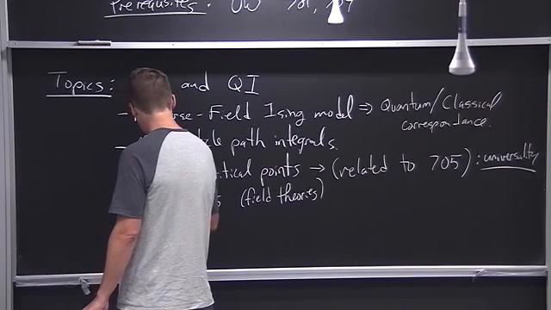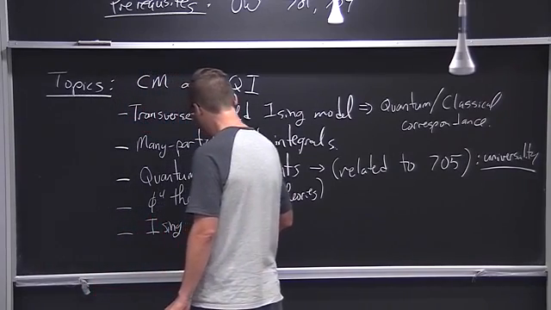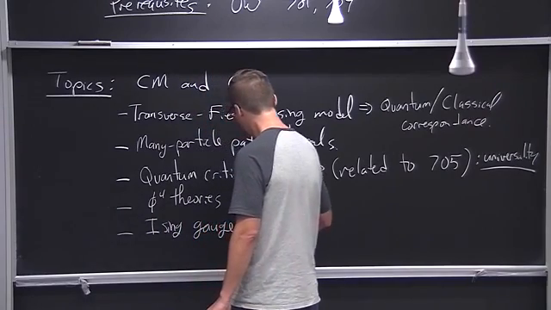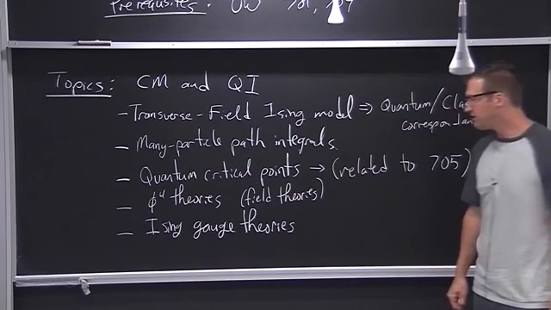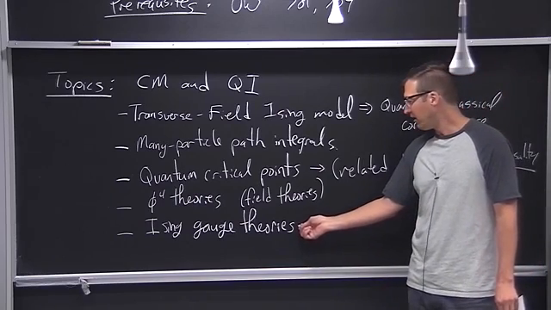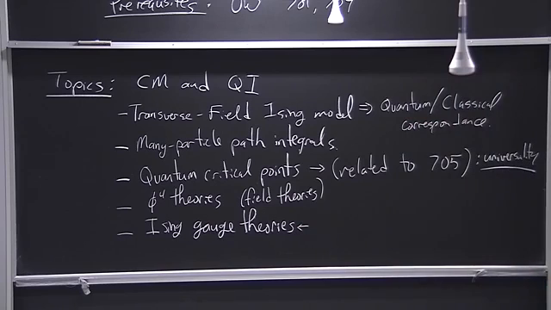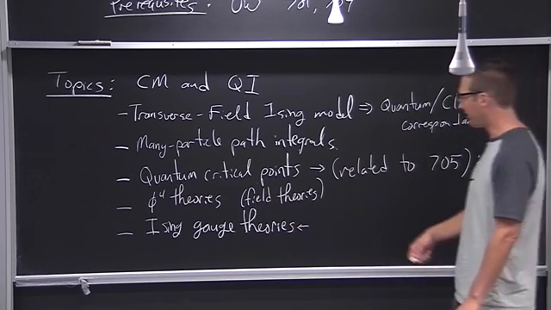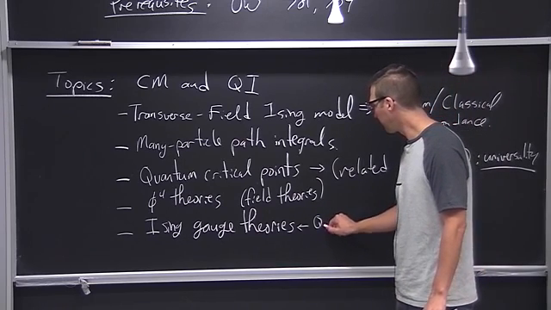We're going to talk about Ising gauge theories too. So Ising gauge theories are topological in nature. And I'll explain what that means. But these are very important for experimental efforts to develop topological quantum computing. So this is also a condensed matter topic in a sense, but it's also related to quantum computing.